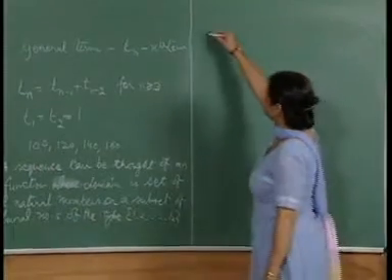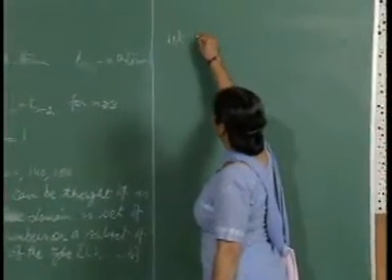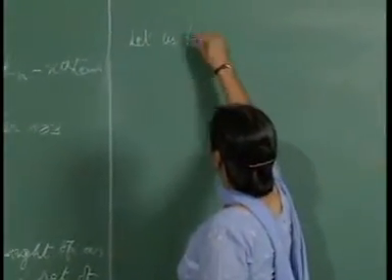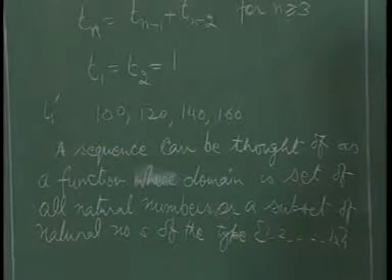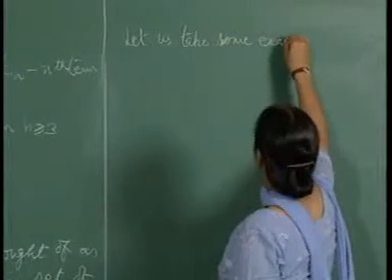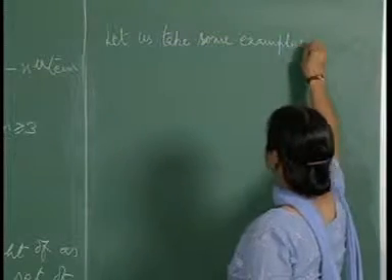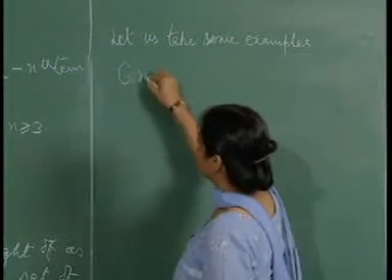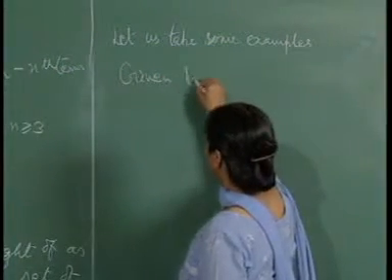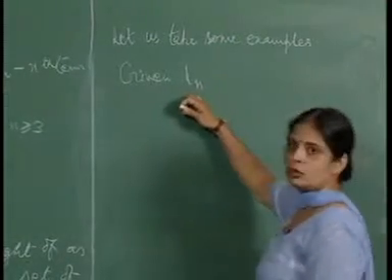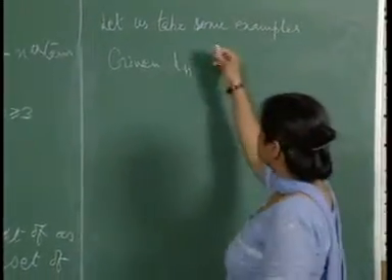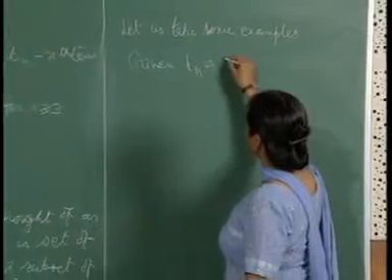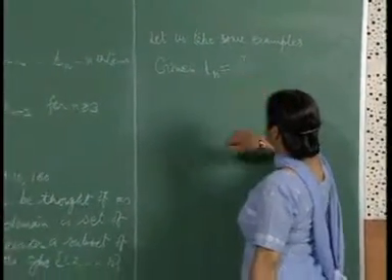Now let us take up some examples. Given Tn, let's try to find out the first few terms. Say Tn is 2 raised to power n minus 1.